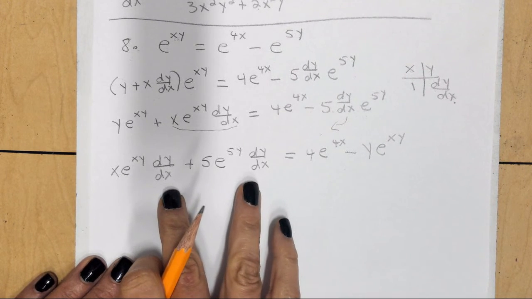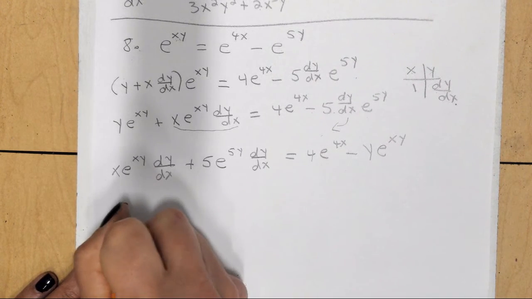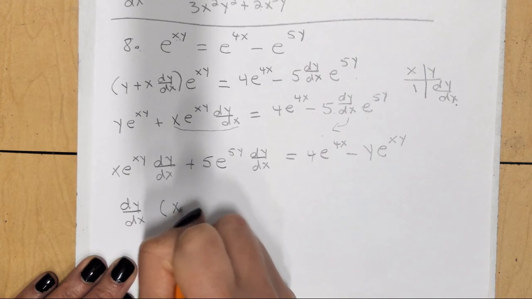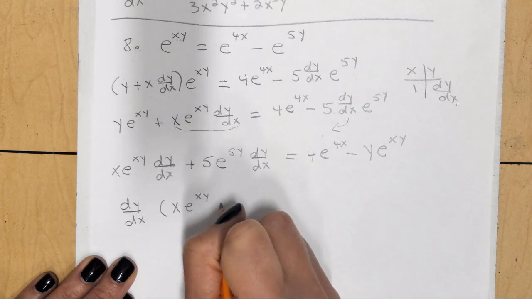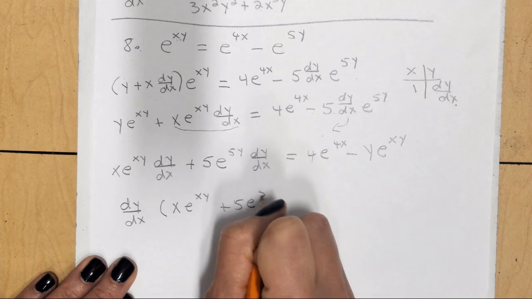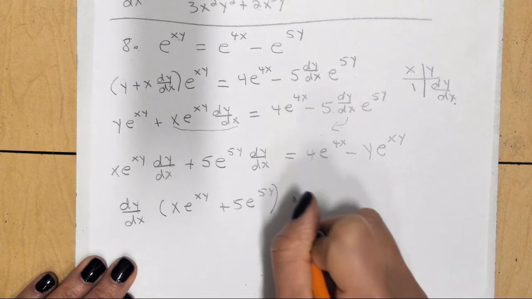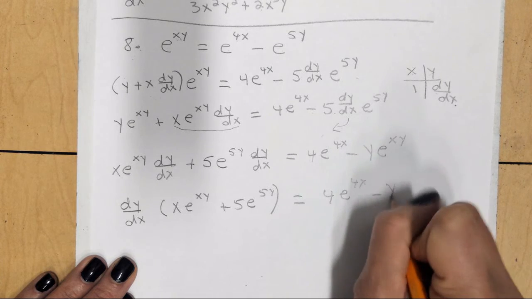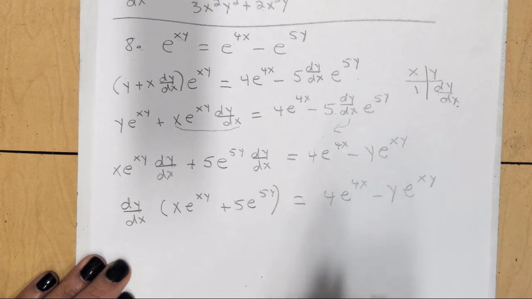I got my dy dx's to the left, so now I'll factor dy over dx, and just factor now, plus 5e to the 5y equals 4e to the 4x minus ye to the xy.